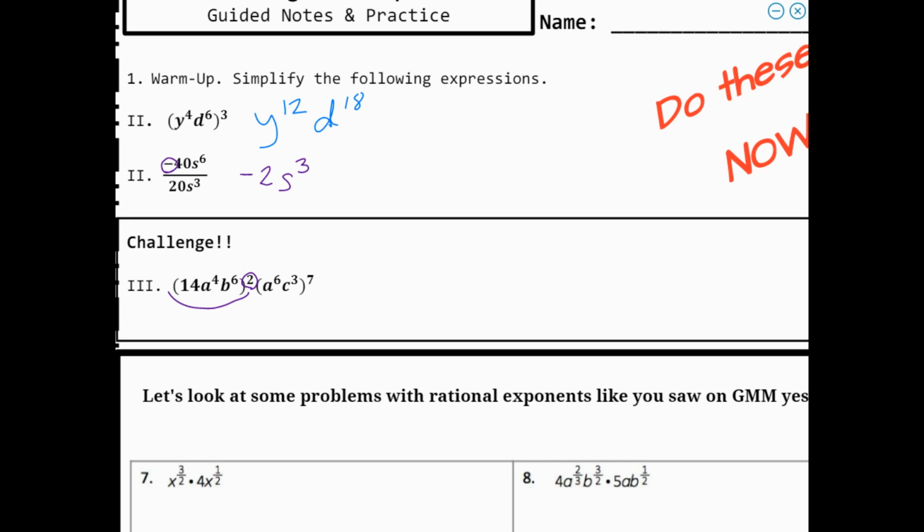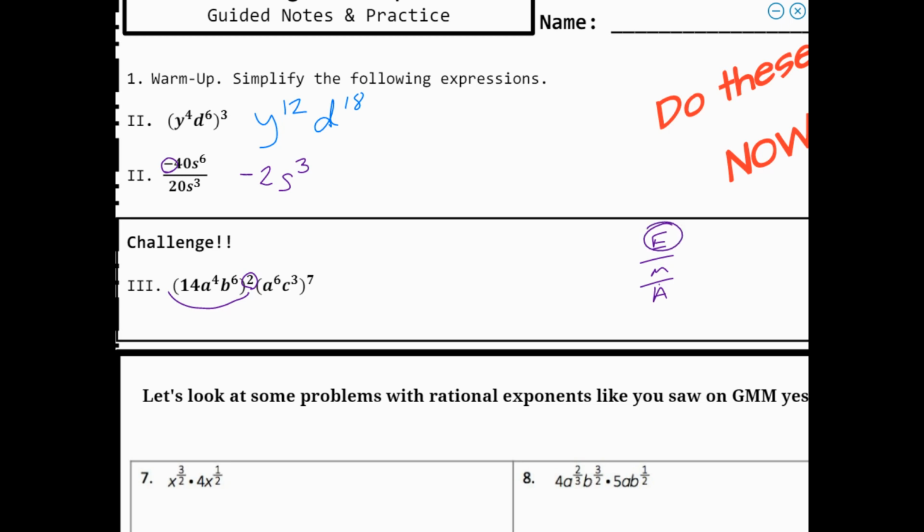Multiply? Divide? Subtract? Coefficients, remember? So we've got exponents, multiplication, addition. But this is our top one.